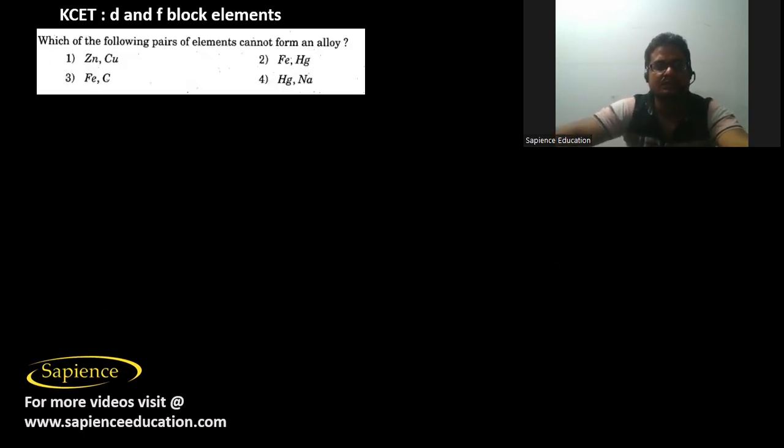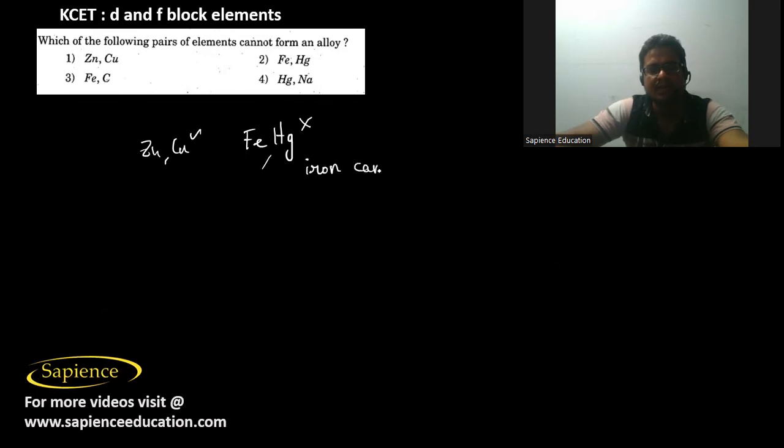Then here it is told, which of the following pairs of elements cannot form an alloy. Zinc and copper can form an alloy, but iron and mercury cannot form an alloy. Iron can't form an amalgam.